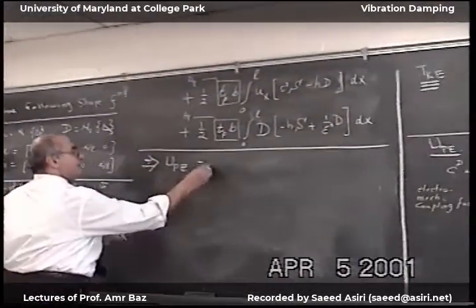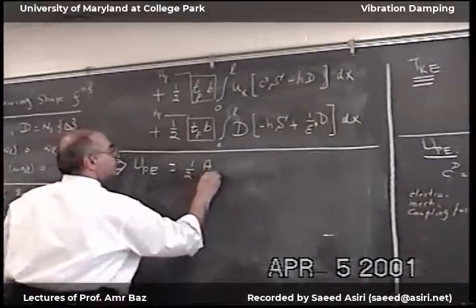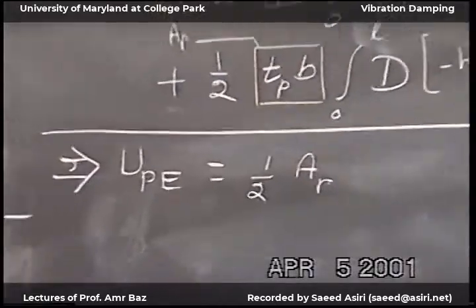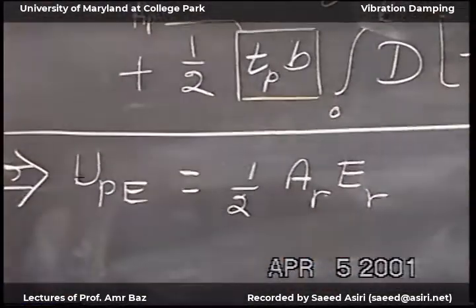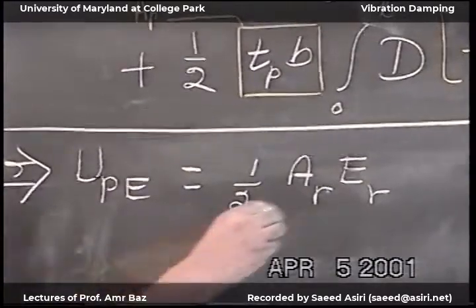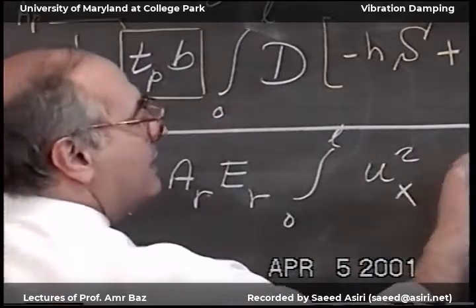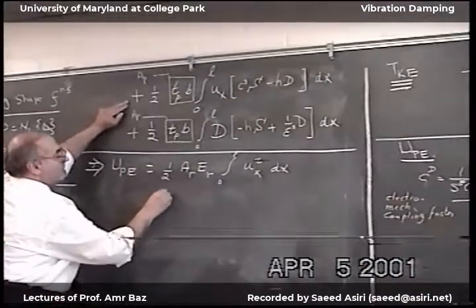This will be 1/2 A rod, and then E rod, I'll bring it outside, so this will be E rod, and then the integral, we'll leave this for a minute, Ux squared dx, and then here this will have two terms.